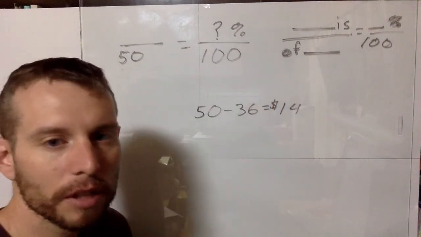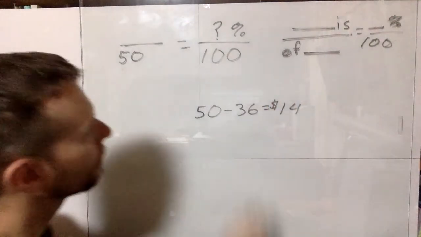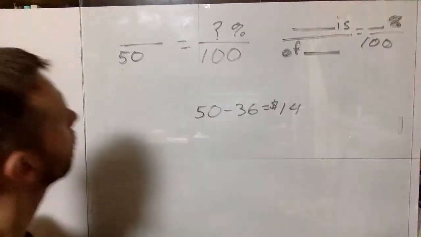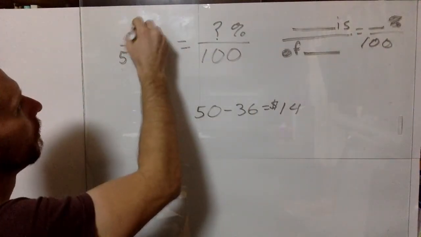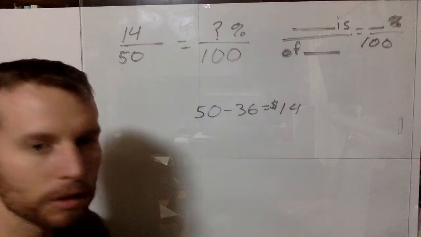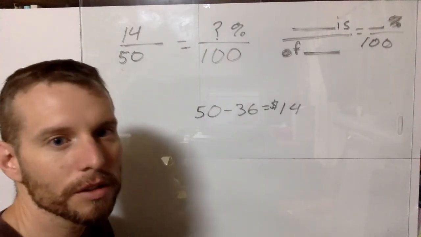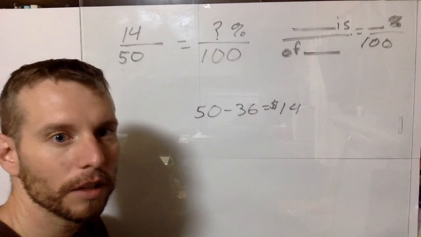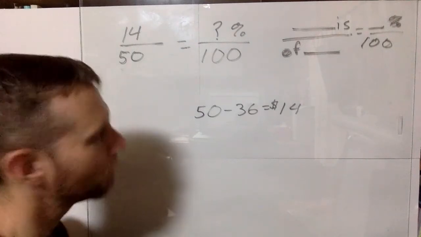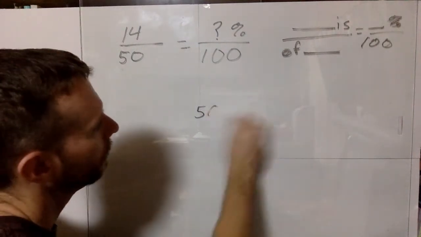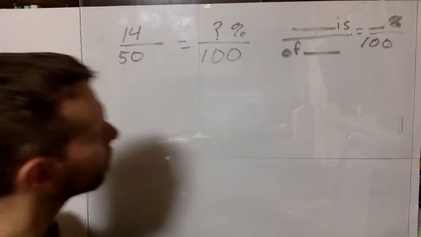So if we want to know the percent decrease, then here we would want to write $14 because that's how much dollars it decreased by. And if it decreased by $14, we want to know what percent is that of the original 50.